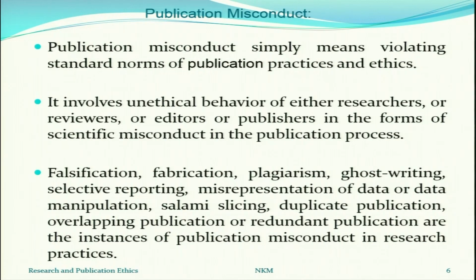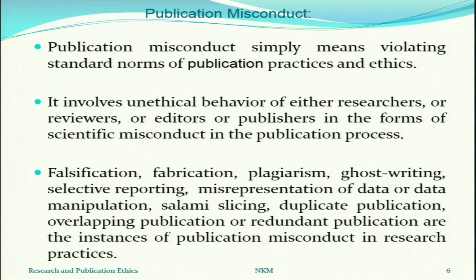So let's try to understand, before we move on, the idea of publication misconduct in terms of journal publishing. Publication misconduct simply means violating standard norms of publication practices and ethics. It involves unethical behavior of either researchers, reviewers, editors or publishers, in the forms of scientific misconduct in the publication process.